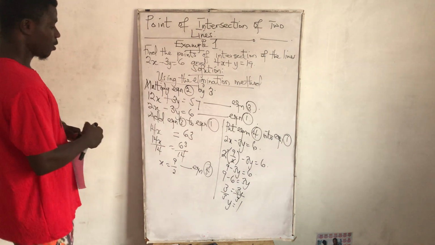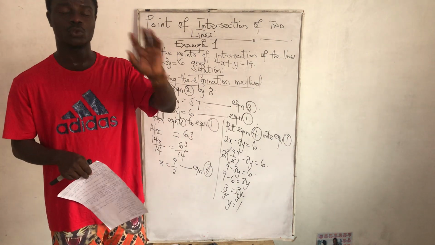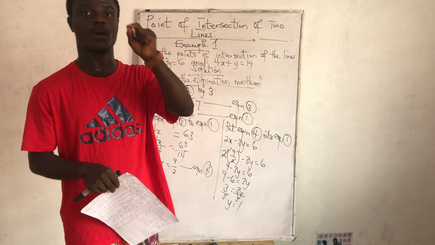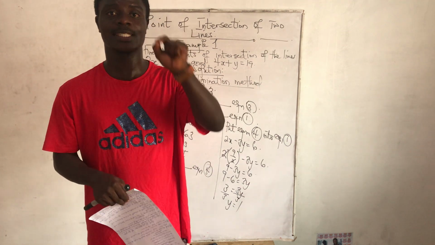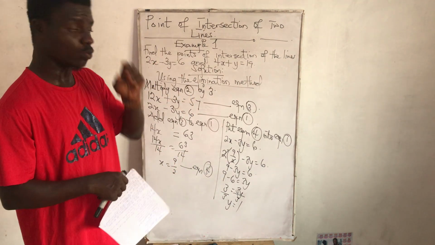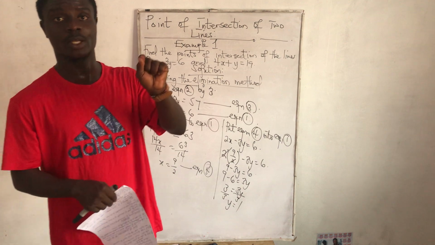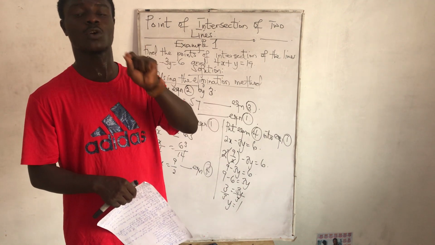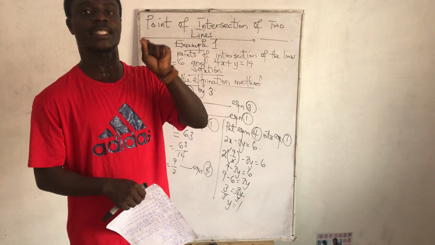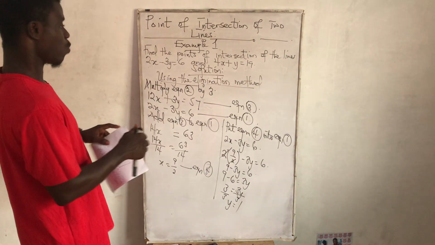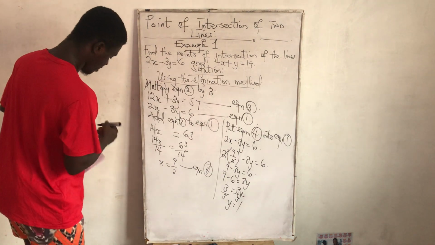So the coordinates of the point are in the form (x, y) or (a, b). So our x is 9 on 2, then our y is 1. Therefore the coordinates of the point of intersection is (9 on 2, 1).